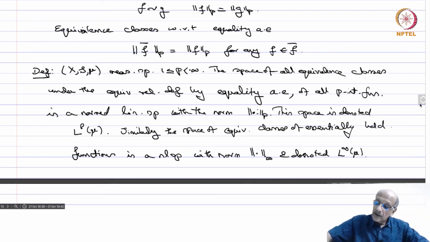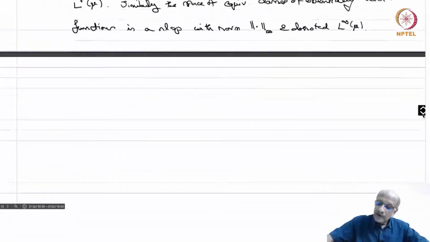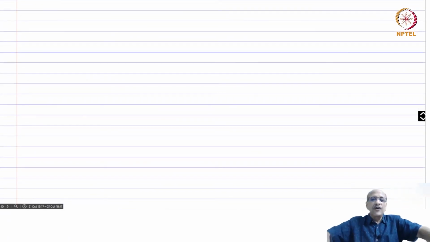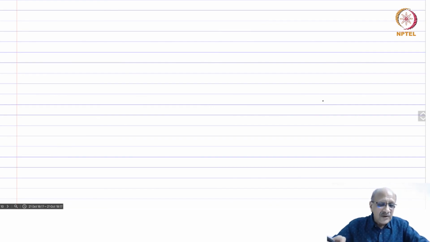When we talk, we will not make a fuss about equivalence classes. We will say a function is in L^p. What we mean is that this function is a representative, p integrable or essentially bounded depending on the value of p, of an equivalence class in that space.